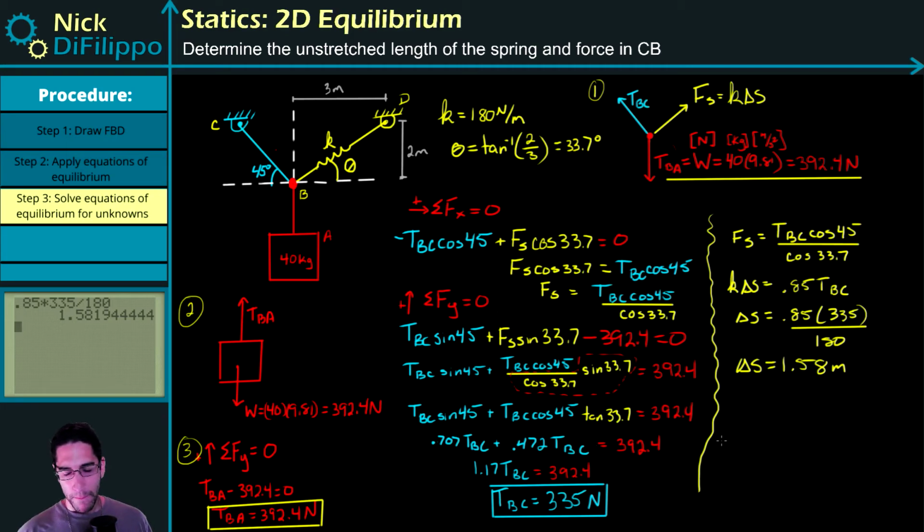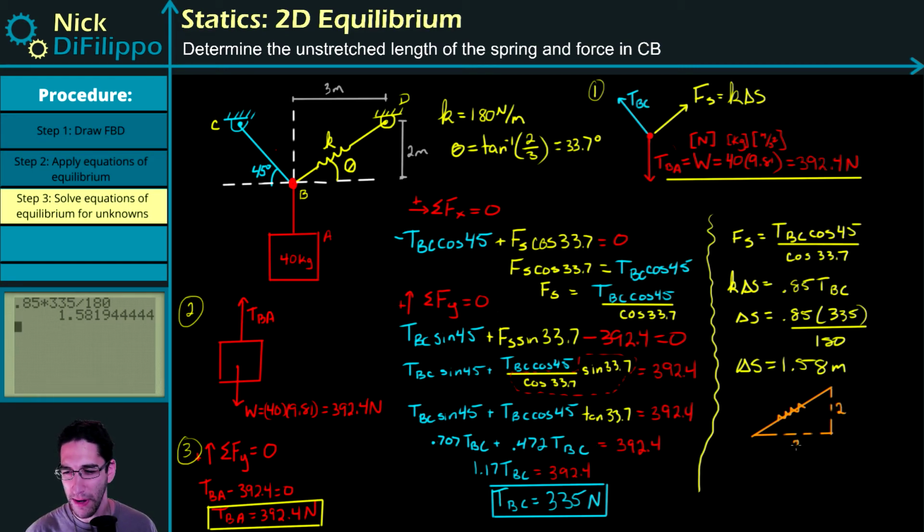Now, we just need to do one more step, right? If I look at this length right here, this is a length of unknown. This is my spring when it's stretched. I know that this length right here, when it's stretched, has a distance of 2. This has a distance of 3.